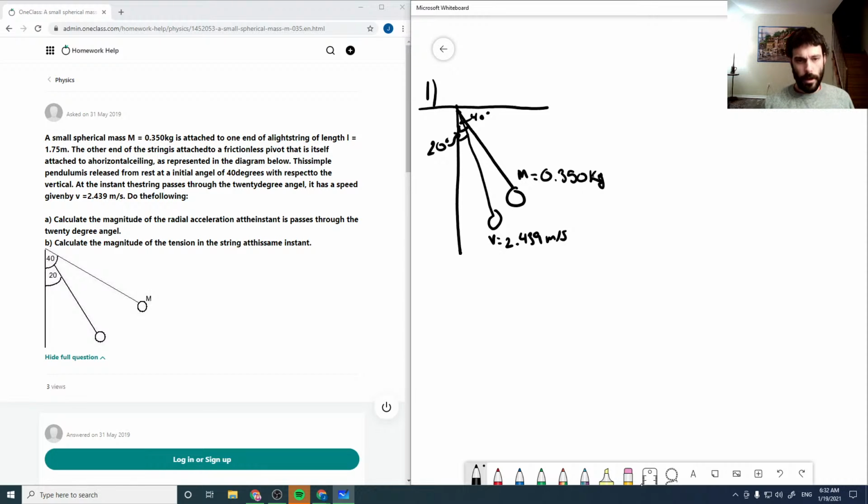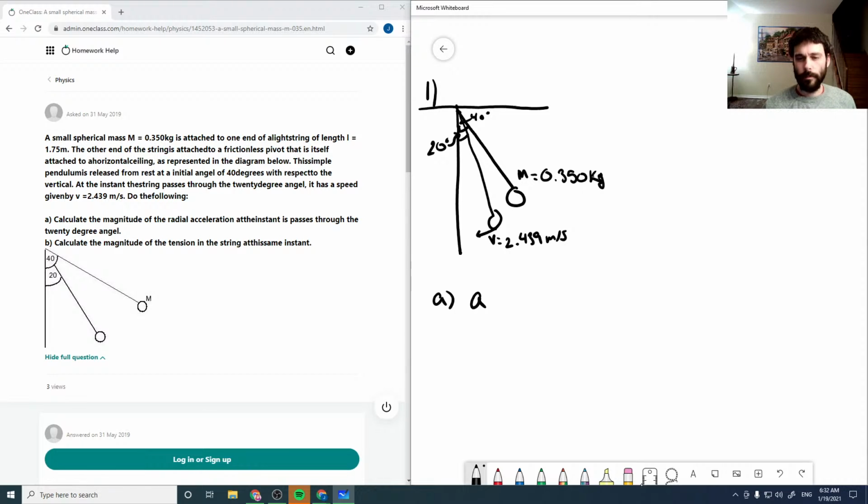Okay, and so now for A, it wants to calculate the magnitude of the radial acceleration at the instant it passes through the 20-degree angle. Okay, so the radial acceleration is just A, right?